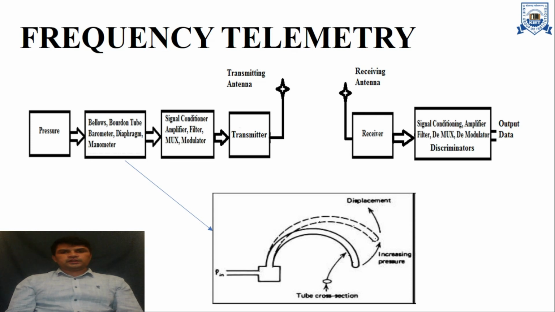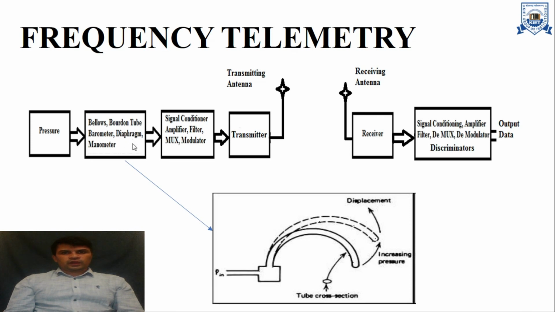Here is the example of a C-type Bourdon tube. In this, as the pressure increases, it will go from here to here, and over here my variable capacitor is attached, so it gives me variable frequency.